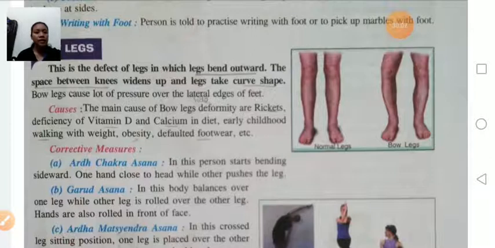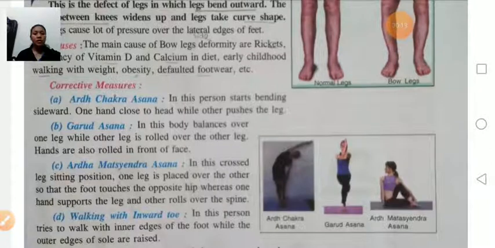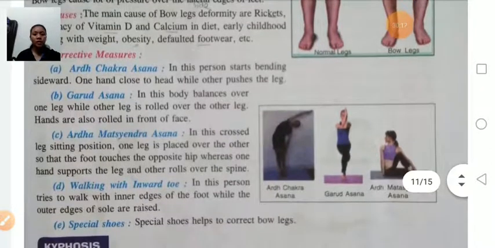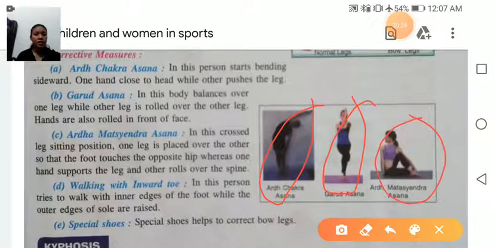And how can you correct it by performing Ardha Chakrasana, Garud Asana, Ardha Matsyendrasana, walking with inward toe. This is Ardha Chakrasana, sideward bending, Garud Asana, Ardha Matsyendrasana, or walking with inner toe.